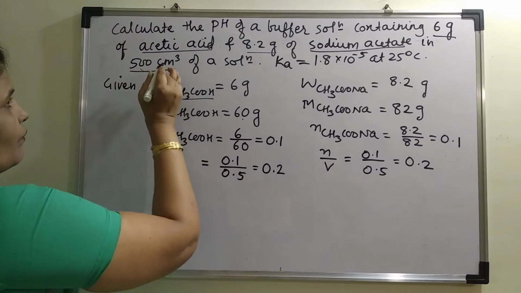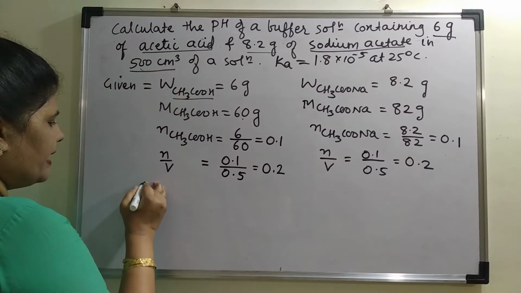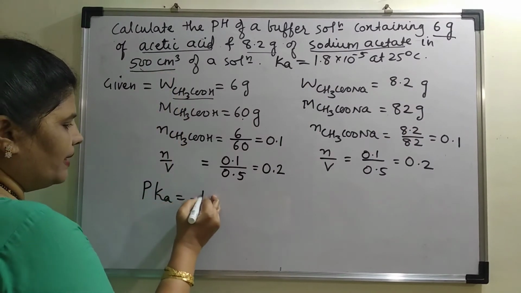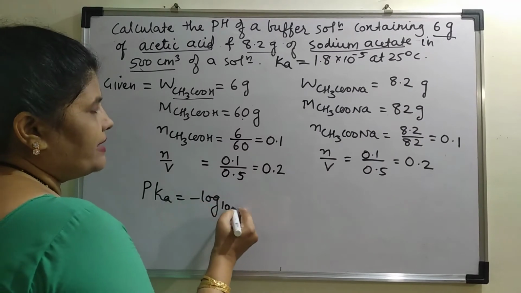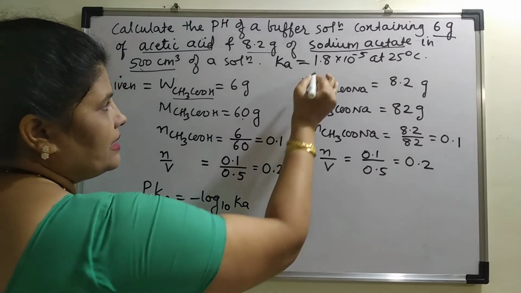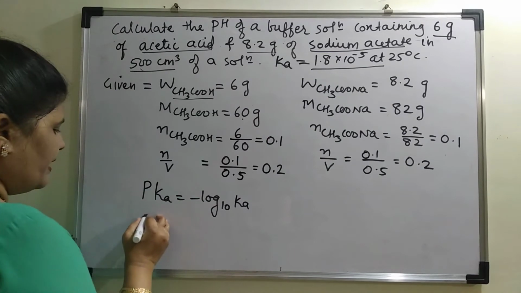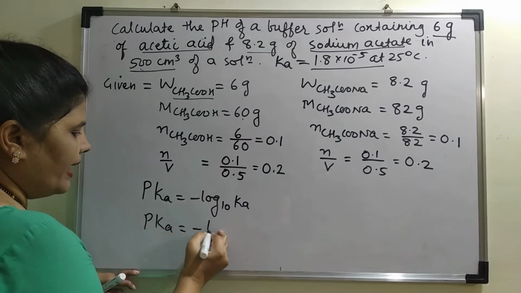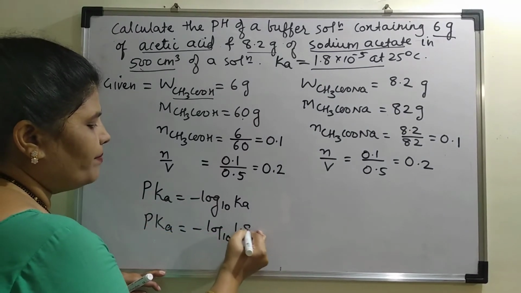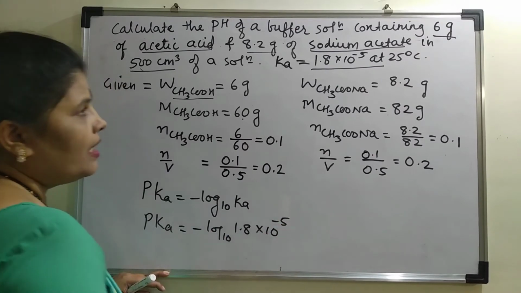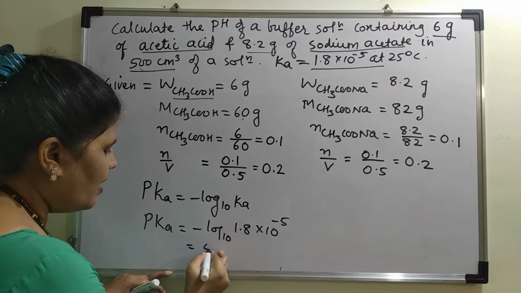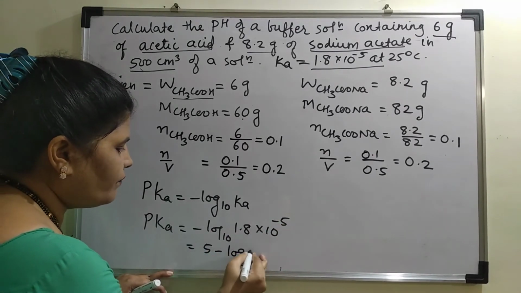So let us first go for the K value and the pKa. pKa is equal to negative log to the base 10 of Ka. This is the K value given. So pKa is equal to negative log to the base 10 of 1.8 into 10 raised to minus 5. So what will be this? 5 minus log of 1.8.